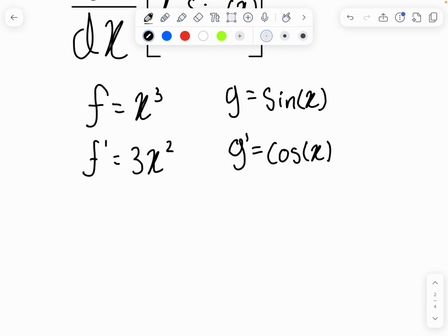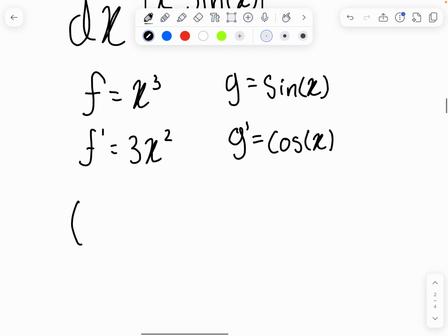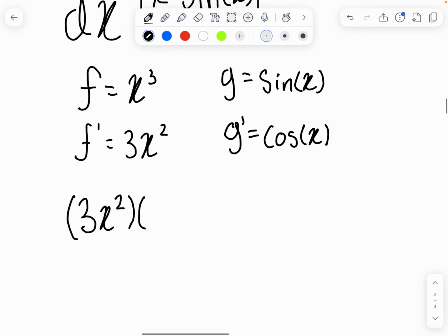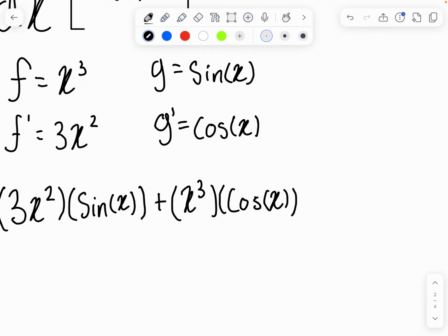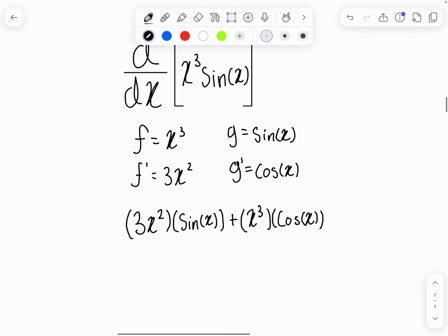So doing that, we'd get 3x squared times sine x plus x cubed times cos of x. And that is the derivative.